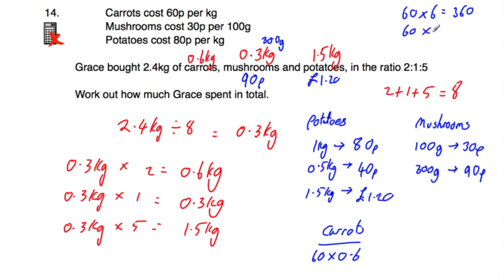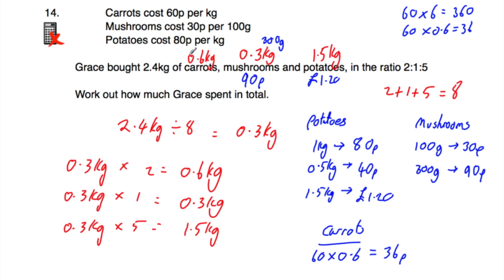So 60 multiplied by 0.6, we divide that by 10, would be 36. So that means the carrots would cost 36p. So that's one way we could work out the cost of the carrots.